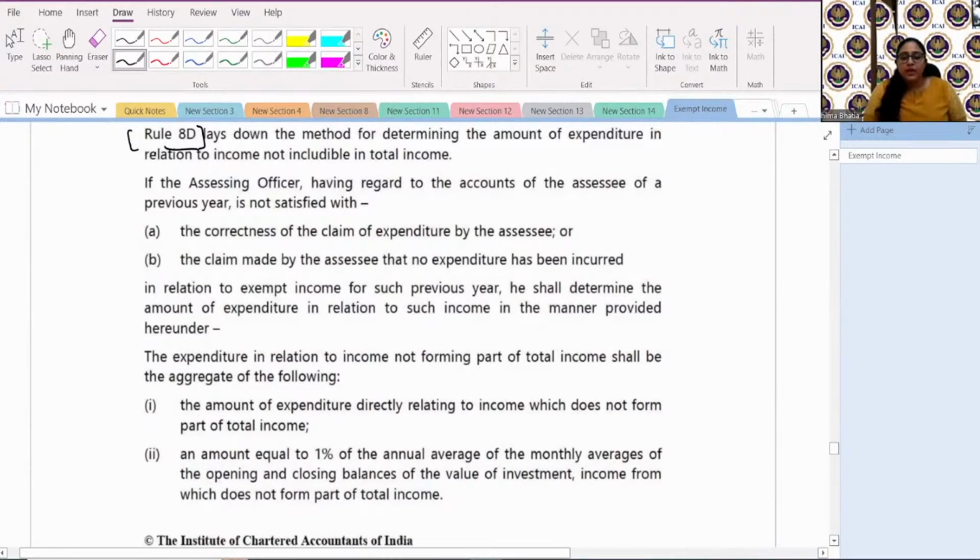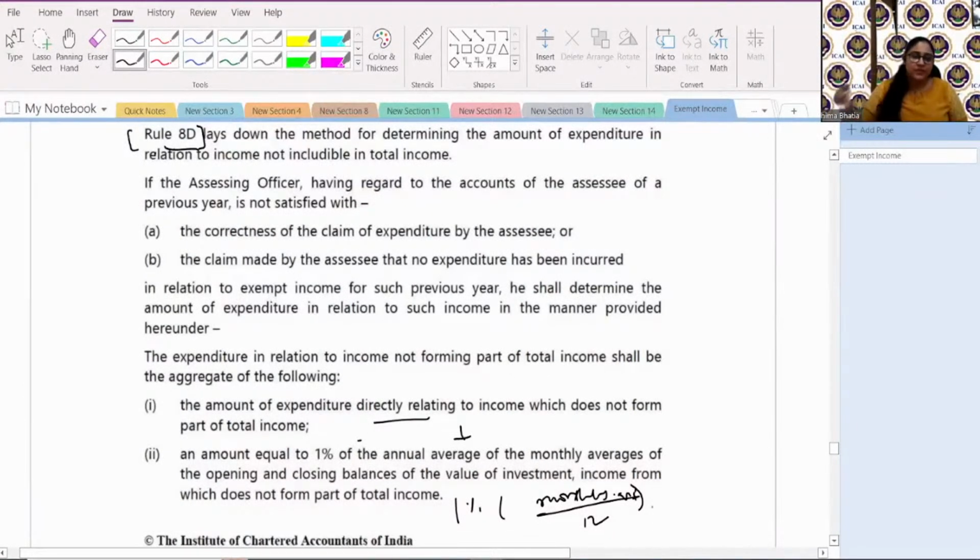So how do you calculate it? One is directly related expenditure has to be disallowed. Then at the same time, you will calculate 1% of the annual average of investments, the monthly average का total average, would be disallowed.